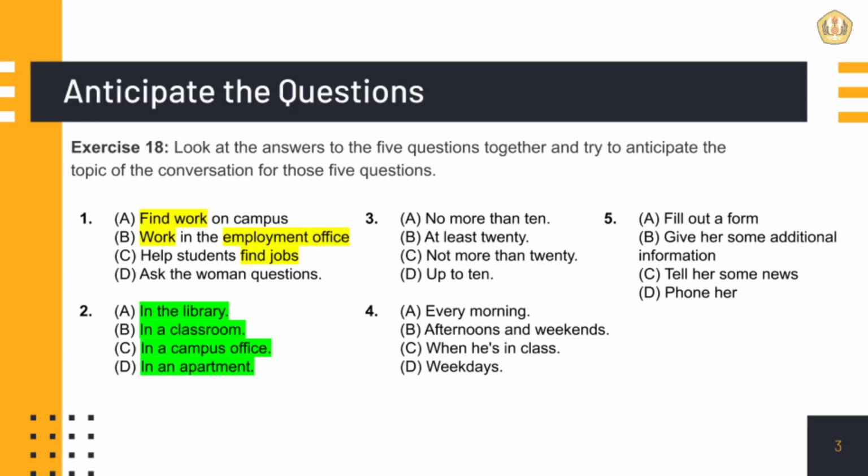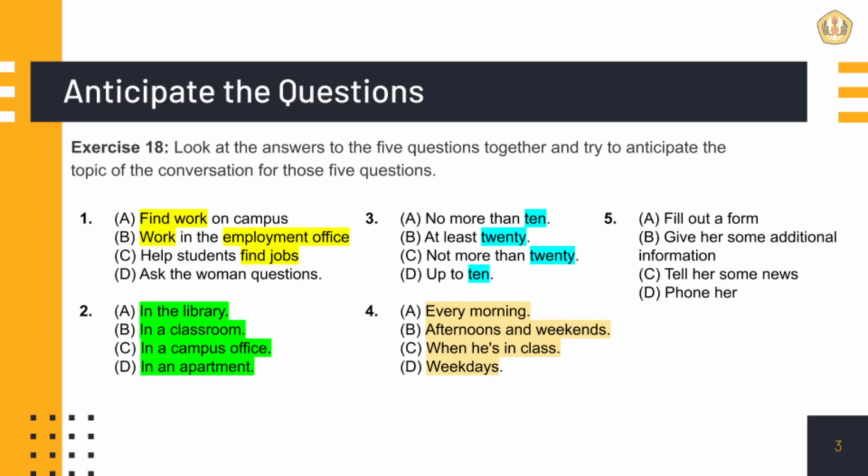And number three, as we can see here, all the options indicate that it is most likely a question of how many times, how often, right? It could be a question of how many hours a student can actually do a part-time job, something like that.